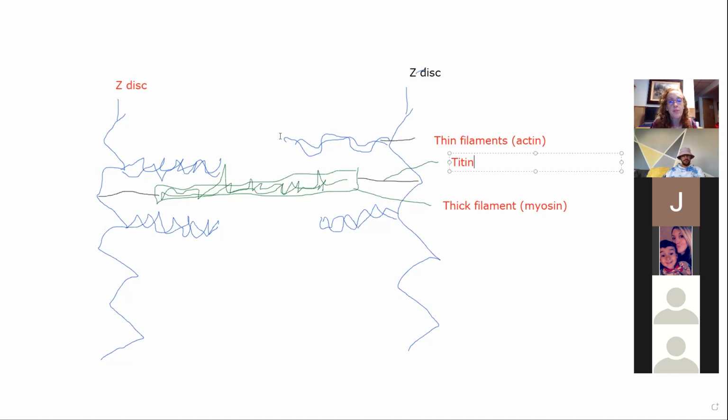Now, from right here to right here, where we have just the thick filament, this is called the H zone.